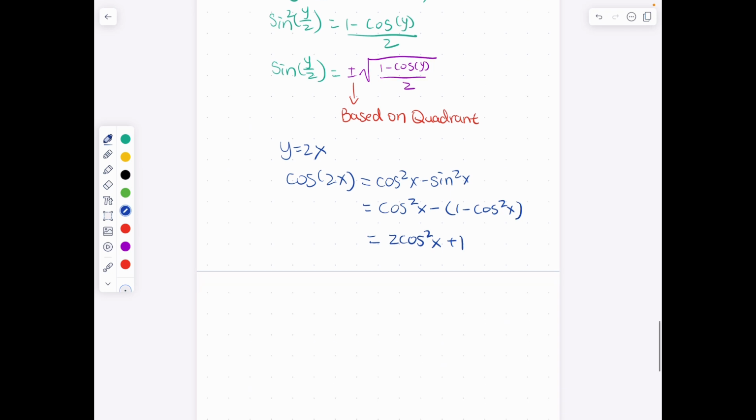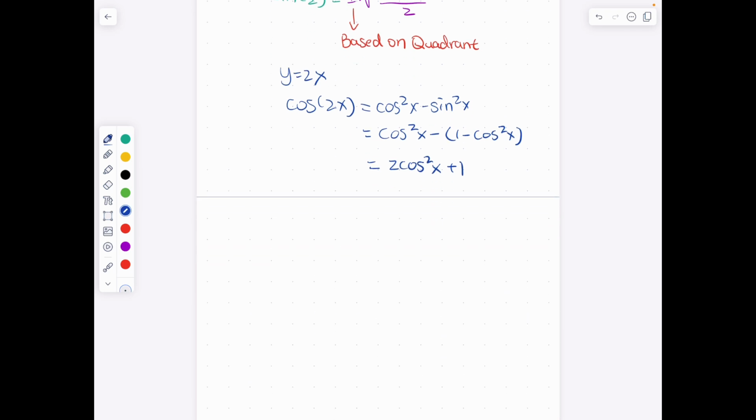Okay, and substitute the y. So plug 1 and 2.